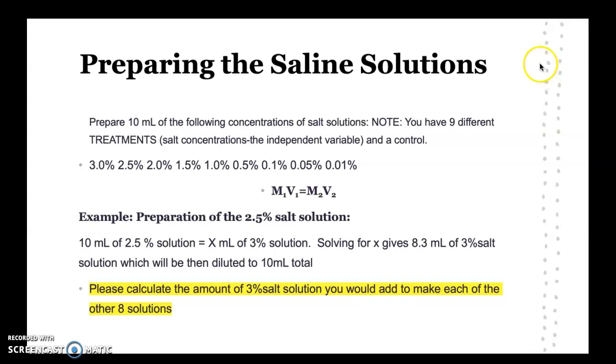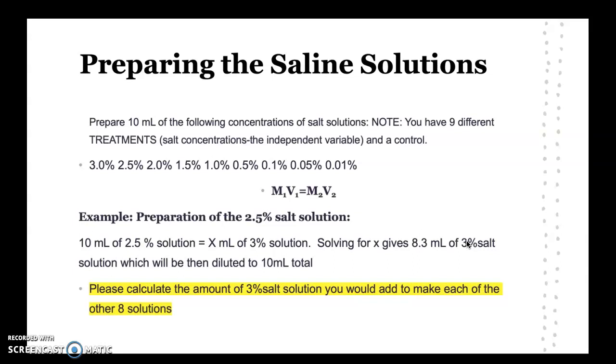When I set it up to solve for the 2.5% salt solution, if I want to make 10 milliliters of 2.5% salt solution, that will equal X milliliters of the 3% solution. When you solve for X, that gives you 8.3 milliliters of the 3% salt solution that you pour into a graduated cylinder, and then you add distilled water until you get it up to a 10 milliliter total.